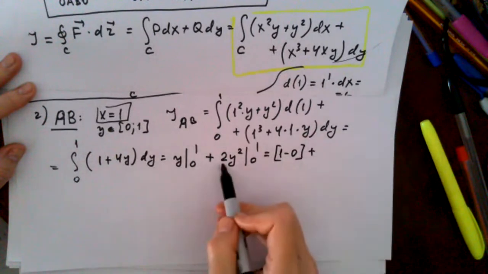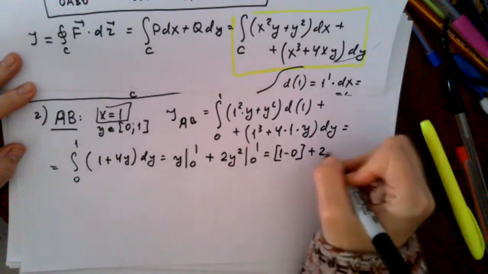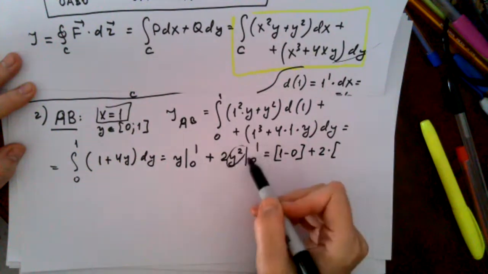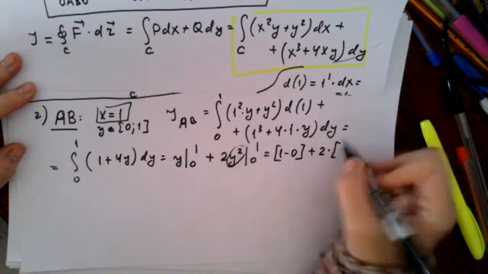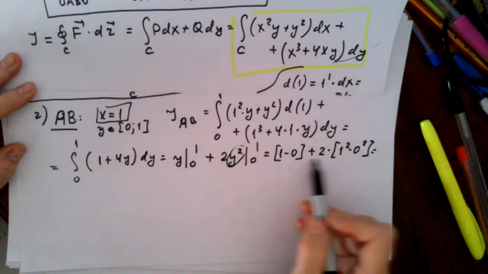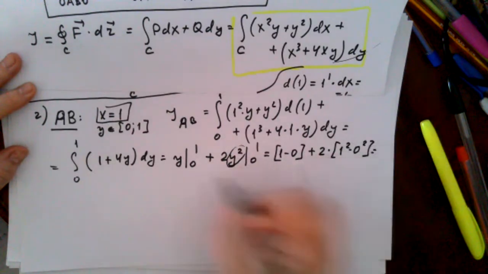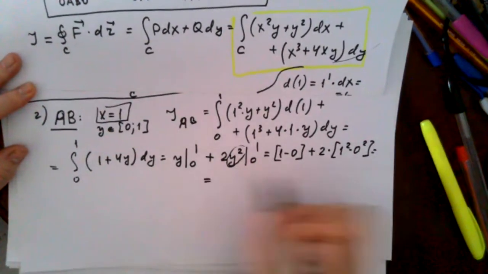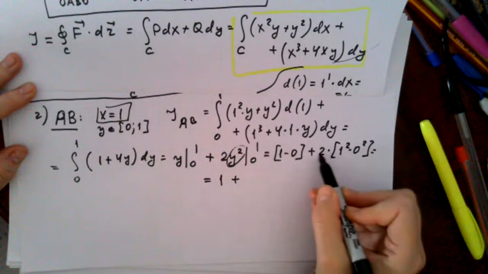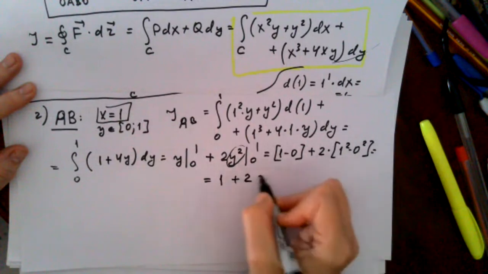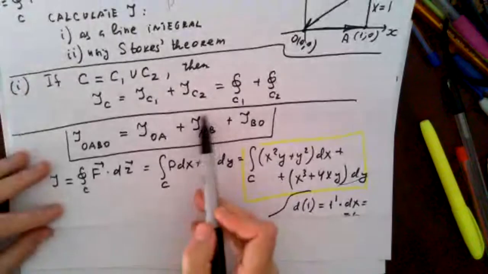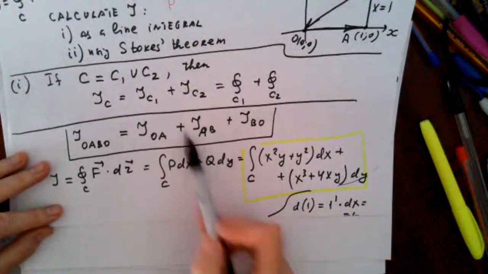For the second, the best approach is to pull 2 out of this expression and do the substitution only with y squared, so it will be 1 squared minus 0 squared. As you can see, I write everything in great detail because I want to avoid careless mistakes. So the whole term will be 1, and 2 times 1 is 2, so 3. It means that our second term in this sum will be 3.